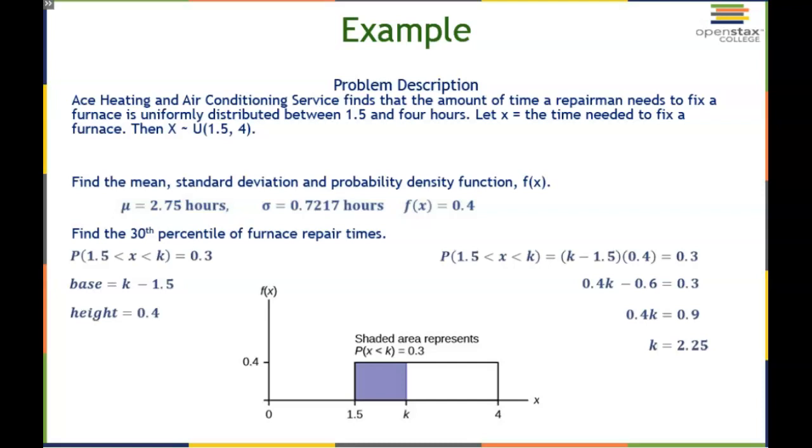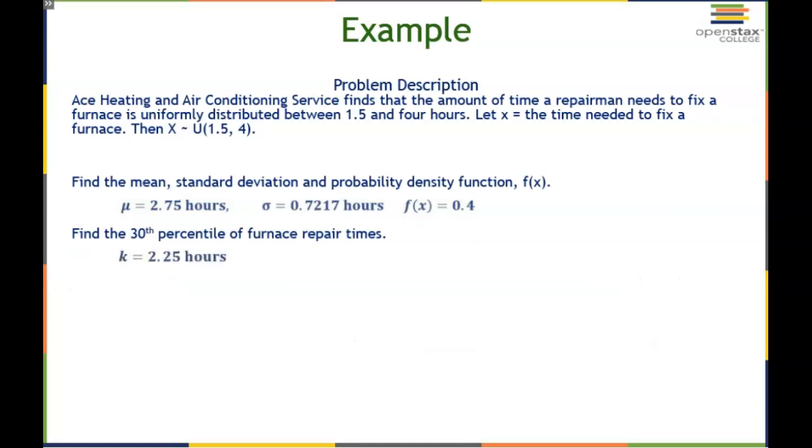Add 0.6 to each side and I get 0.4k equals 0.9. Divide both sides by 0.4 and I get k equals 2.25. Therefore, the 30th percentile would be 2.25 hours.